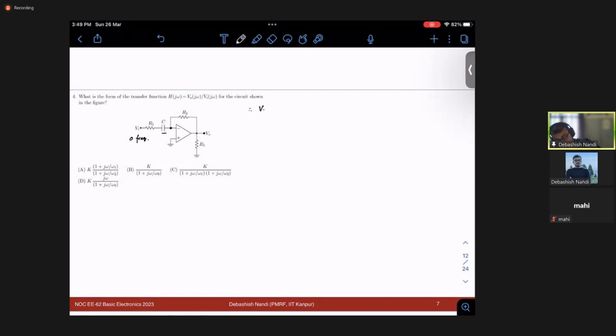So your Vout will be 0 at DC, right? That means you have a zero at s equal to 0, right? And also, another way, you can see that there is a pole also, right?